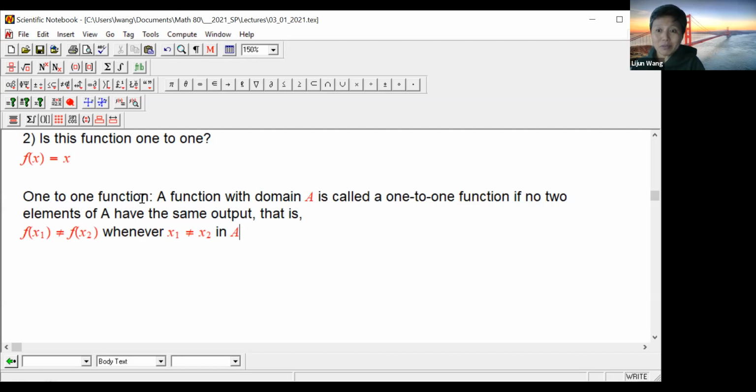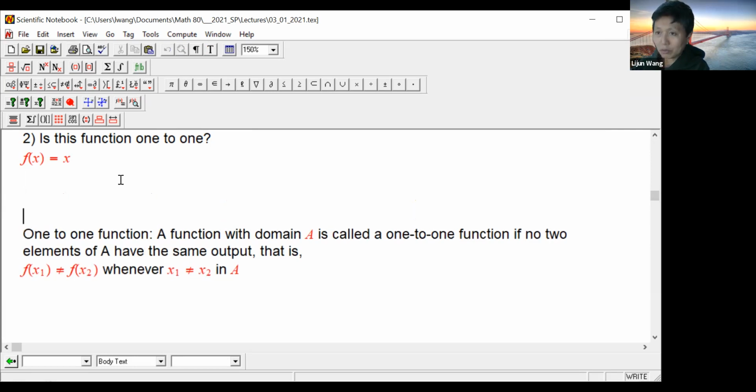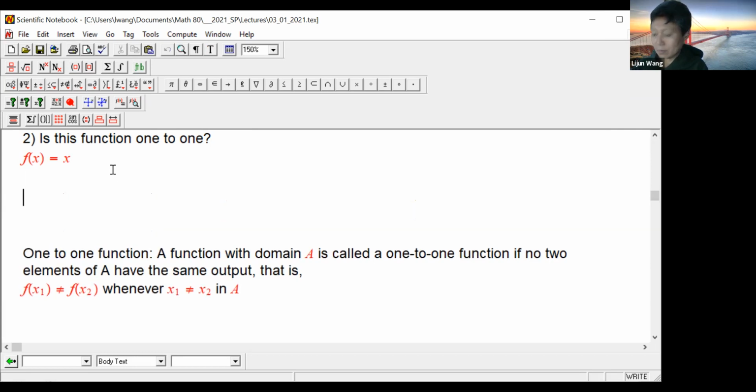So when the inputs are different, the outputs are different too, right? Yes. So how do we answer this?